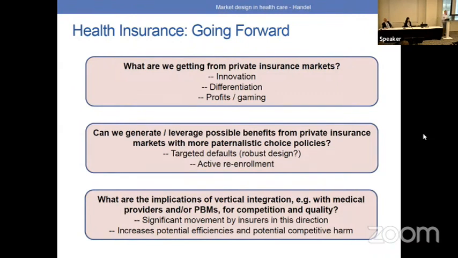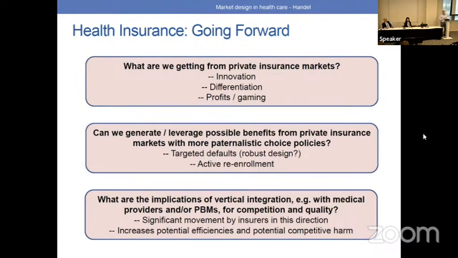Most research shows that tools that really push consumers to actively engage in the market are unlikely to cause more than 15 to 20% of the people who have choice issues to re-optimize. Targeted defaults, or default options in general, are a much stronger strategy. The data is out there to design individual-specific default options that can really help consumers avoid cases where they're losing $1,000 for sure by choosing a plan or something like that.